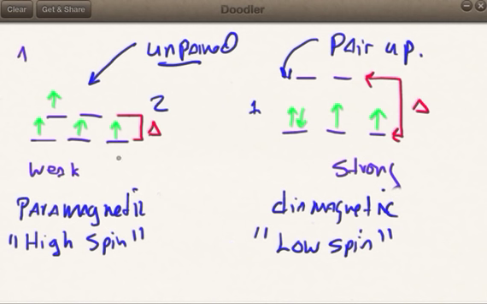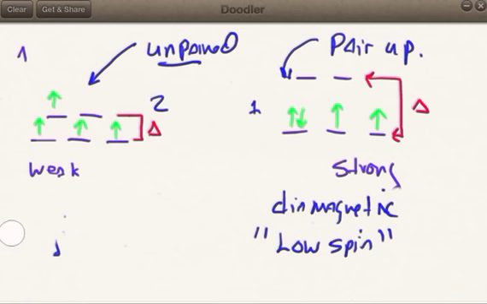High spin just means weak field. Electrons will tend to go to the higher energies, so they don't have to pair up. So you have more unpaired electrons, so you have more spin, okay? Whereas your strong fields have less spin because the electrons tend to pair up versus going to the higher energy levels. All right? Okay, so we've got that out of the way.